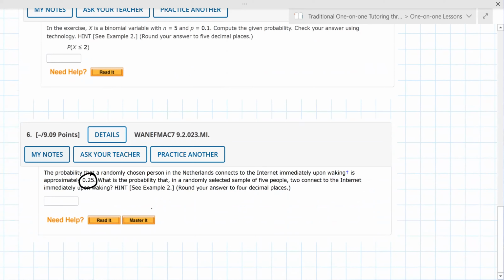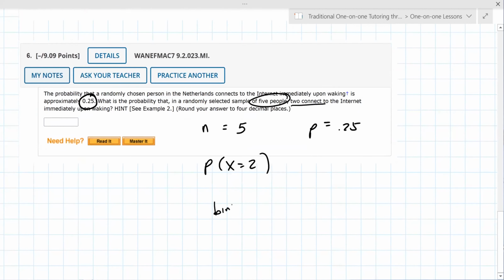So that's your P value. So you need N and you need P. P is 0.25. And a random sample of 5 people, so N is 5. They want to know the probability that X equals 2. So because it's an equal, this is a binomial PDF of 5, comma 0.25, comma 2.